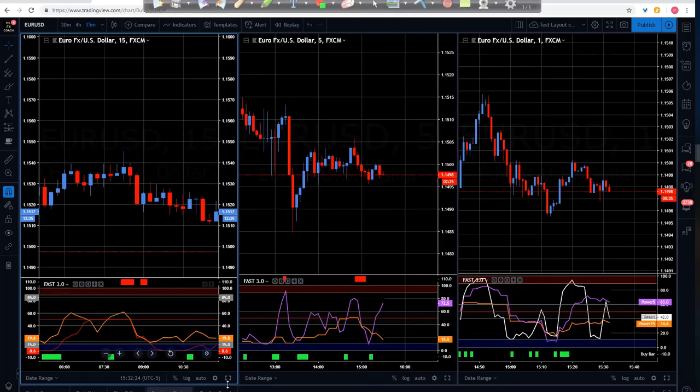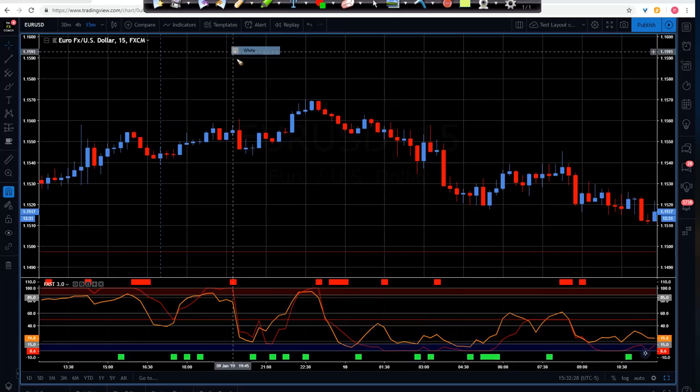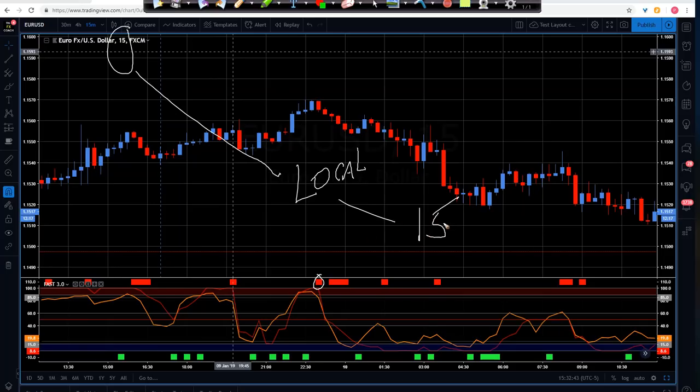Now, one thing I need to point out here, when I'm looking at a 15-minute chart, these turnaround trend bars are only valid, we call it local. They're only valid on this chart. In this case, 15 is the local time period you're dealing with.